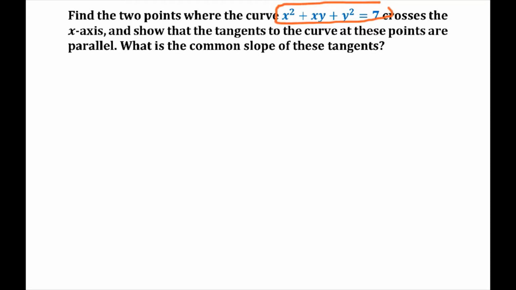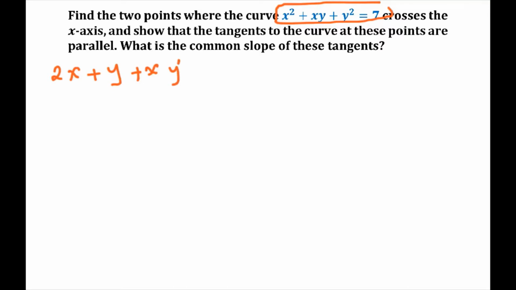So x squared gives 2x. For xy, it's the derivative of x times y, so the derivative of x is 1, times y is y, and then plus x times the derivative of y, which is y prime.